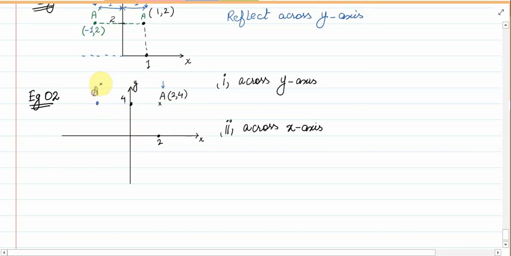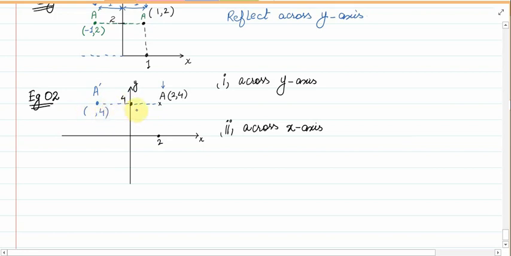I don't know the coordinates of A dash, so I need to work on that. If you are moving from point A towards A dash, there is no change in the y value. The y is the same on this line. So the y coordinate is 4.